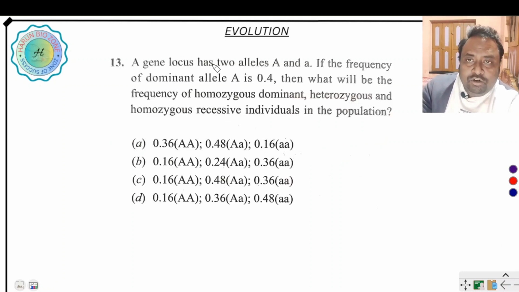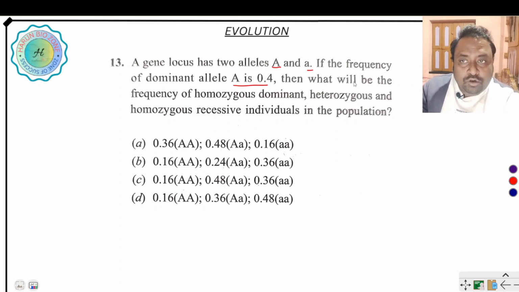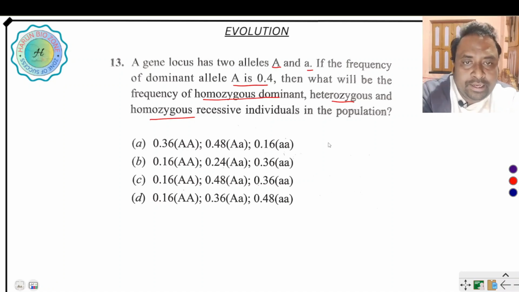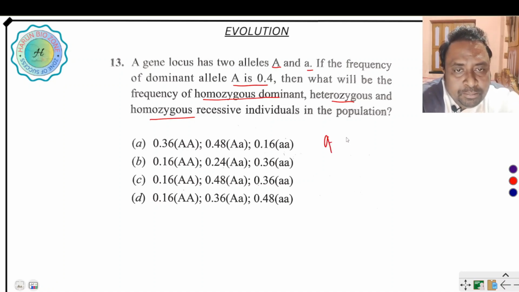Next question. A gene locus has two alleles, A and a. If the frequency of the dominant allele A is 0.4, then what will be the frequency of homozygous dominant, heterozygous and homozygous recessive? So here A means p is 0.4.